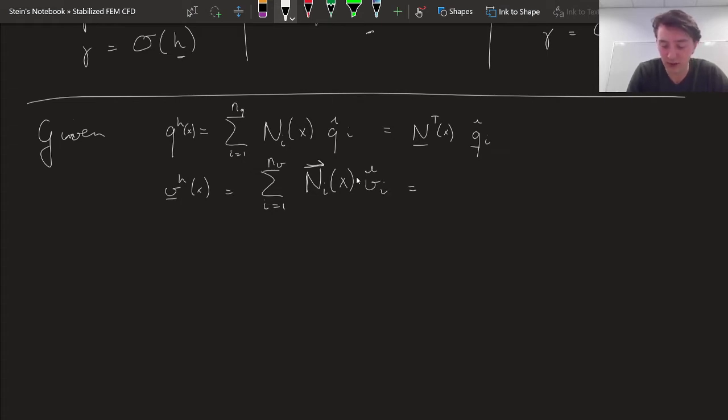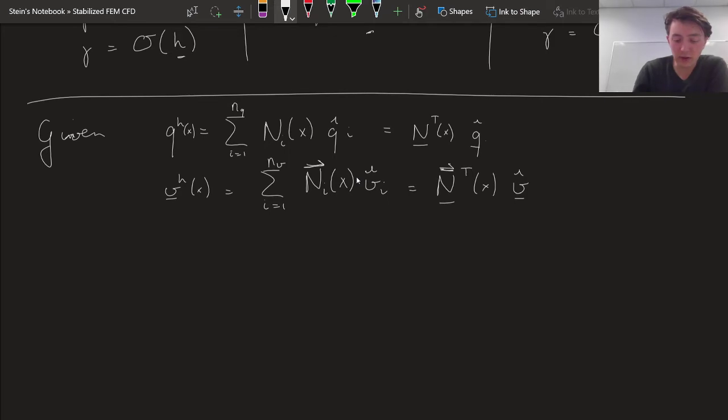And we can again write this as a vector of these vector valued shape functions transpose evaluated at x, times the vector of weighting coefficients. Sorry, there should of course not be an i anymore here. There we go.